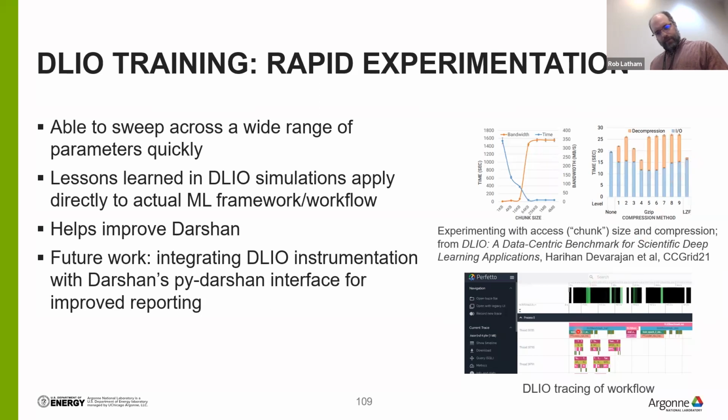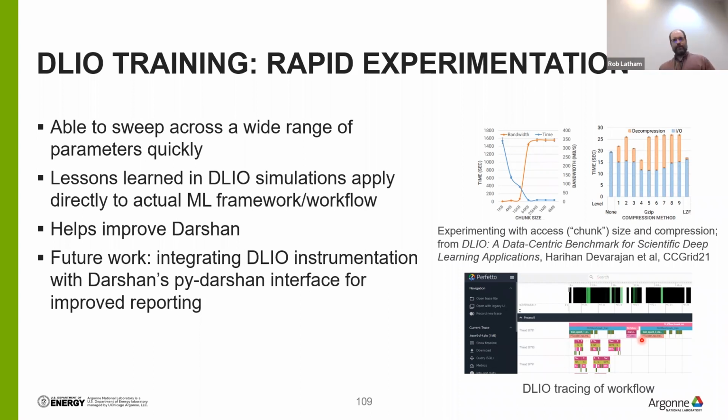So, these trace graphs that are here are DLIO provided graphs. DLIO will report its IO phases versus training phases and record in a Chrome performance graph that you can load into a web browser and scan through in a timeline fashion. You can see the different phases and how different workloads behave.